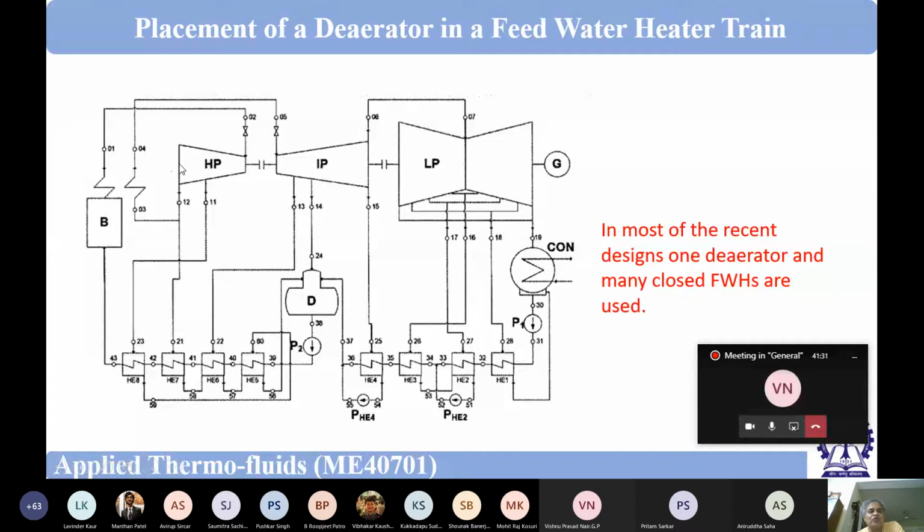But as the steam goes from the highest pressure to the lowest pressure, we can see that the volume is increasing, and also the steam turbine is becoming bigger and bigger. So HP, IP, LP will be very big.